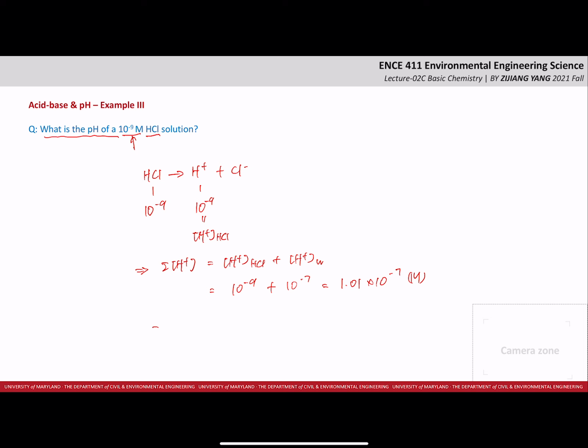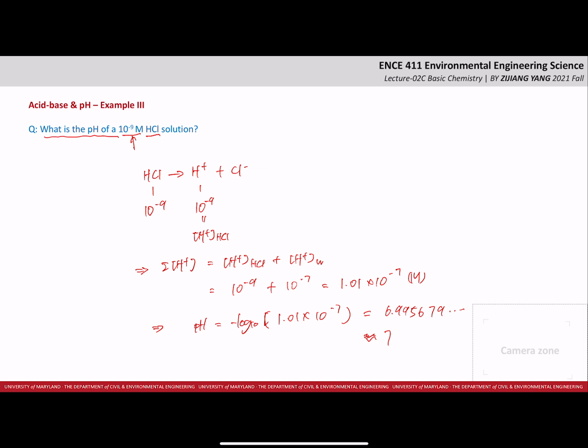And then we can calculate pH, which equals negative log 10 of 1.01 times 10 to minus 7. So the result is 6.9956, which almost equals 7.